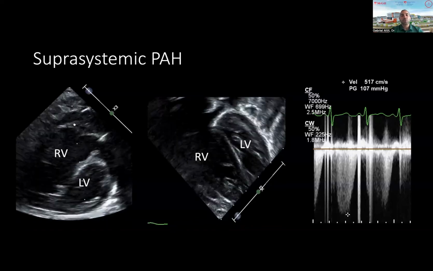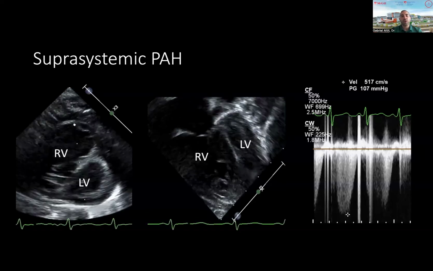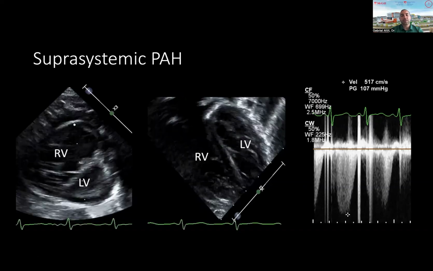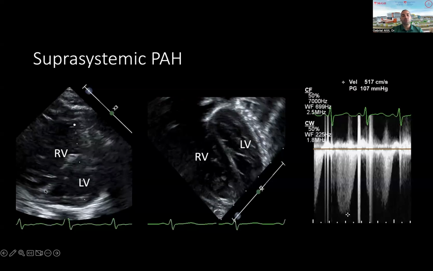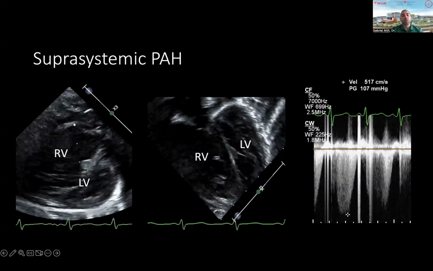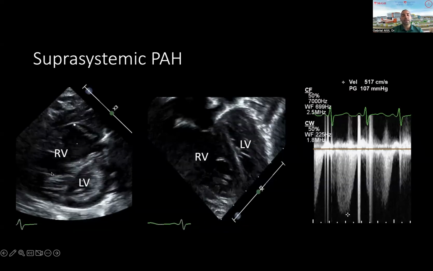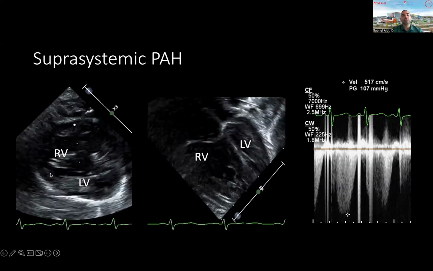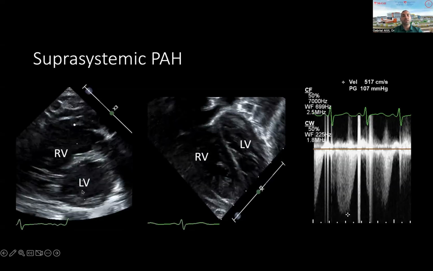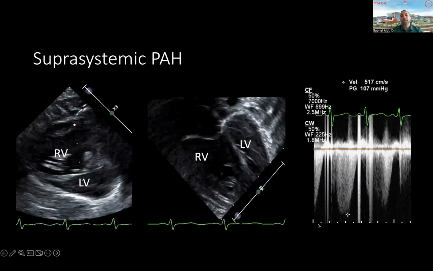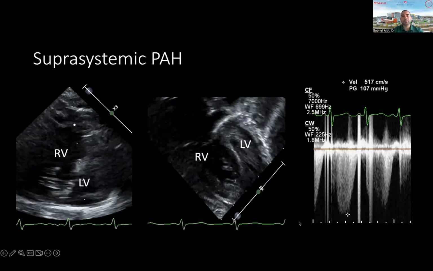And this is really the picture we're trying to avoid in the context of BPD, as you can see in this particular patient phenotype. There's a really dilated, dysfunctional right ventricle that is pancaking the left ventricle, probably with some degree of low preload of the LV, and suprasystemic systolic RV pressures.